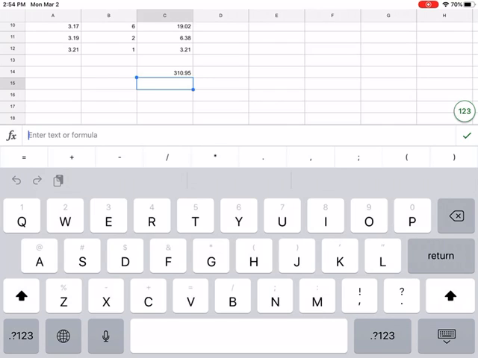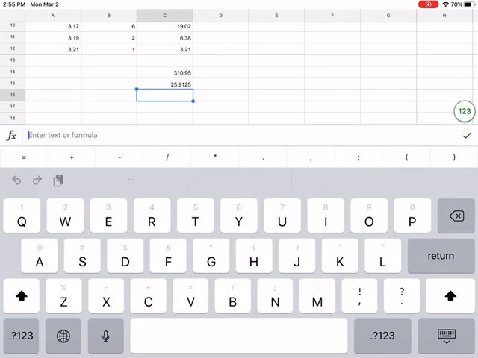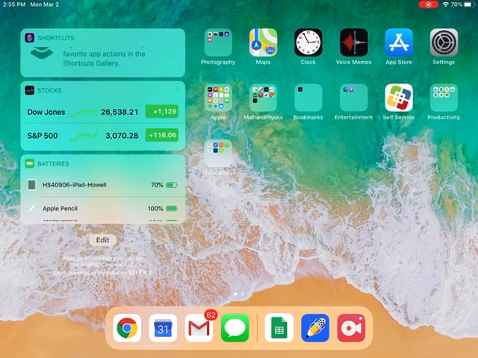So there's the sum. And then the average is going to equal the sum, which was this answer, 310.95, divided by the number of numbers, and the number of numbers was 12. So that's 25.9. So my average would be 25.9.